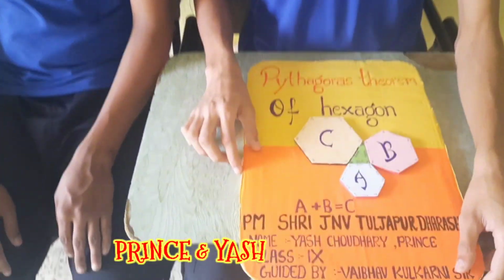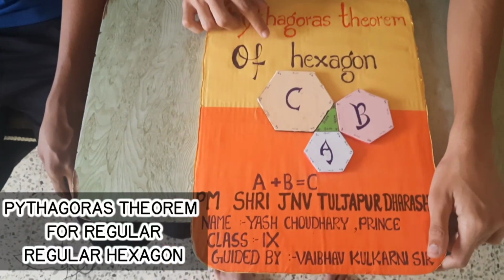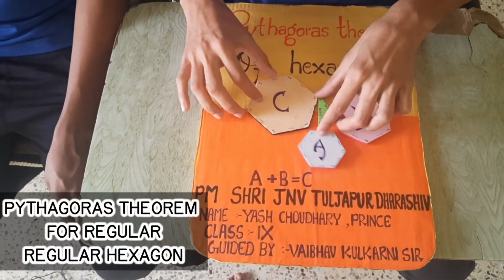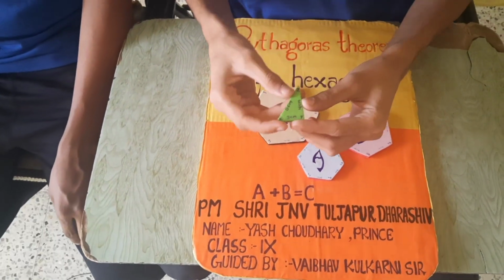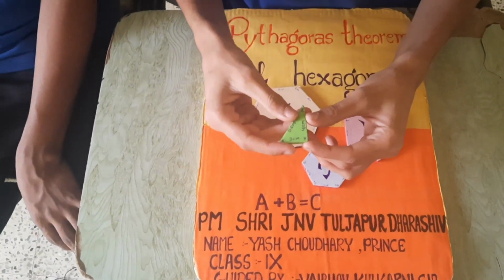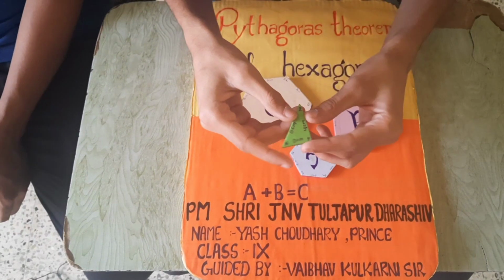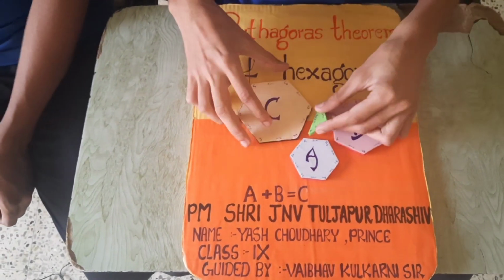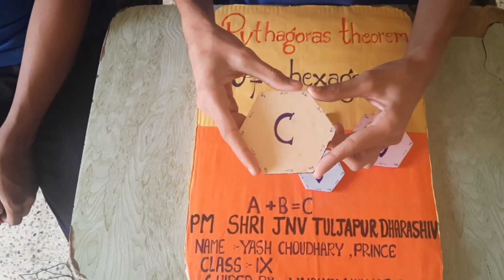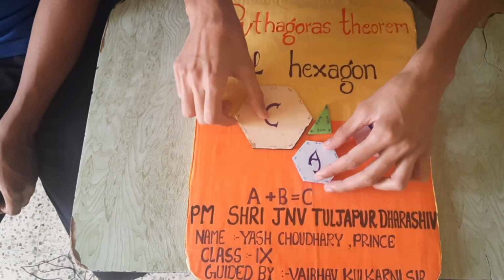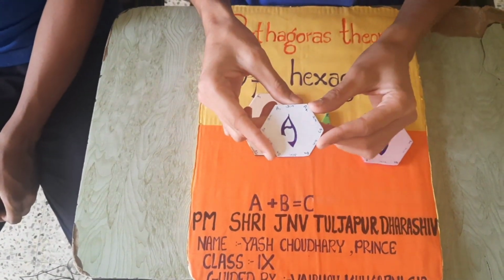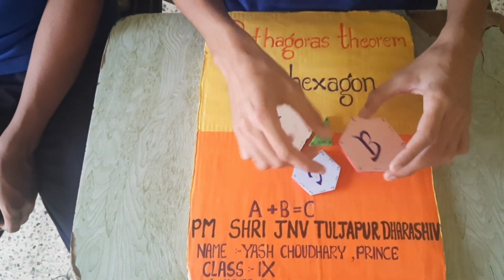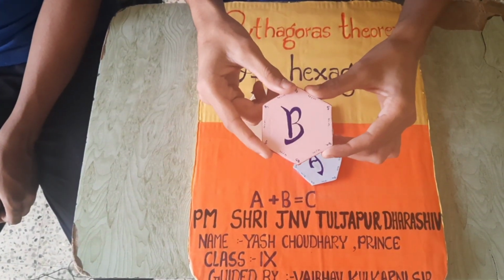And myself Prince. Today I will explain the Pythagoras theorem of hexagon. Now it is a right angle triangle whose base is 3 cm, perpendicular side is 4 cm and hypotenuse is 5 cm. Now it is a hexagon whose side is 5 cm. It is a second hexagon whose side is 3 cm. Now it is another hexagon whose side is 4 cm.